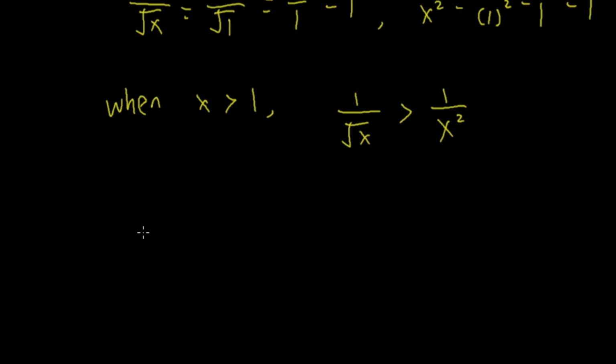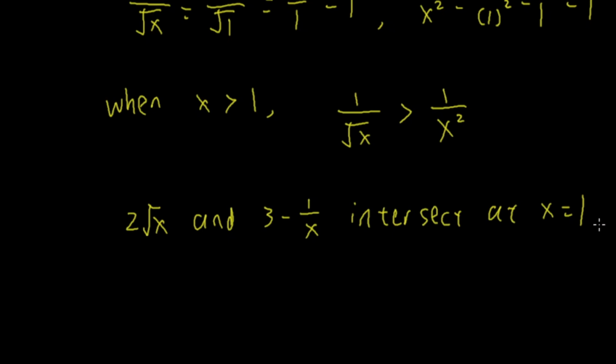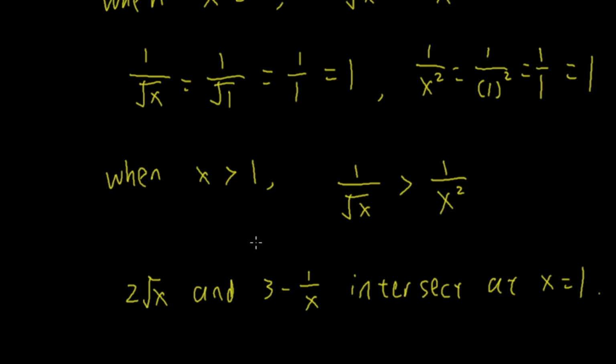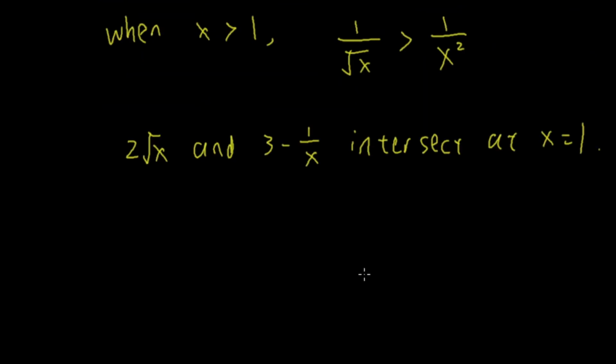Now we also know that here 2 times square root of x and 3 minus 1 over x intersect at x equal to 1, right? Because they have equal value when x is equal to 1. But since this is the derivative of these two functions, so this is the derivative of 2 times square root of x, and this is the derivative of 3 minus 1 over x, right? The derivative of a function gives you the slope of the tangent line at the x value.